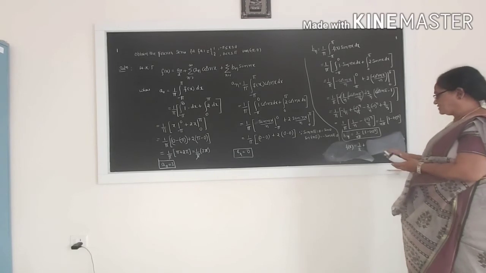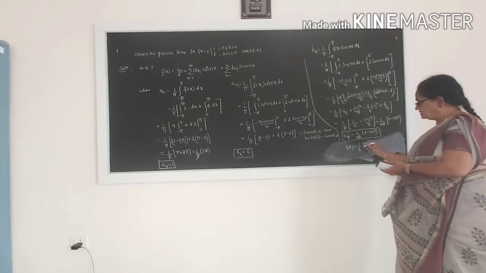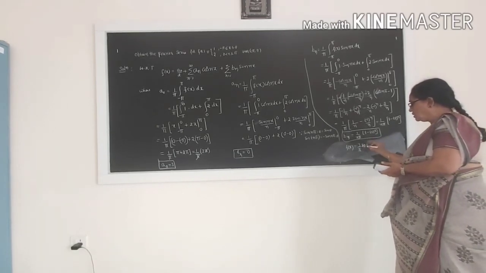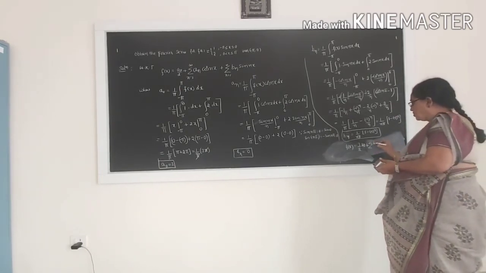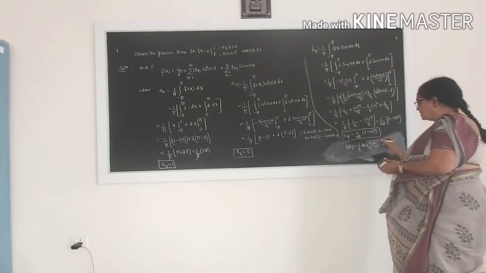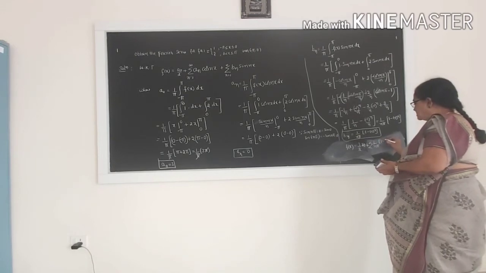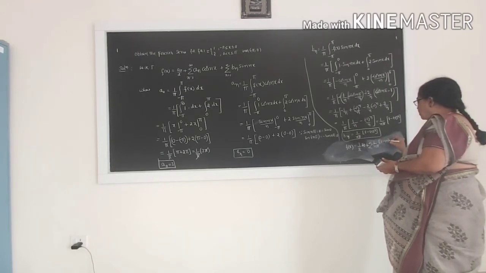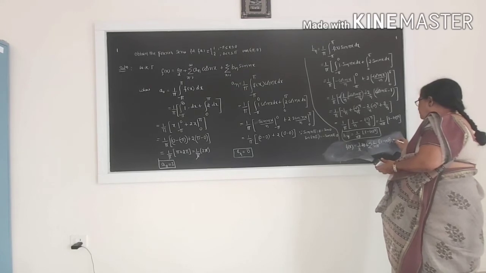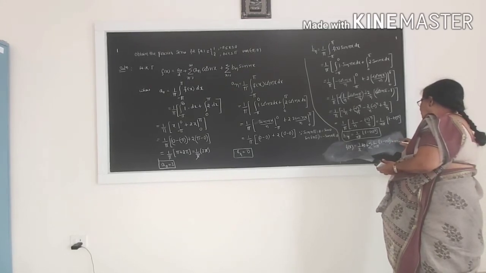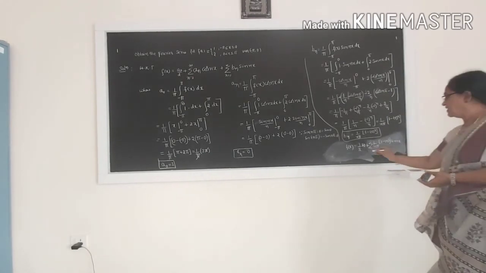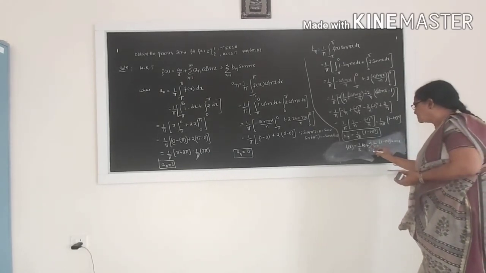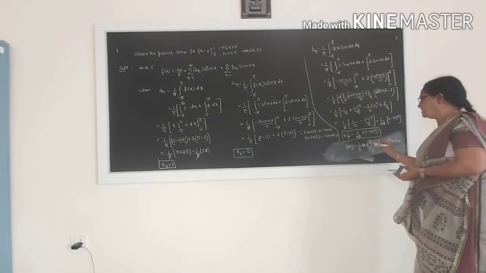Here there is no necessity of writing this 0, but if you want, you write this. This is equal to summation 1 over n pi into 1 minus of minus 1 whole power n into sin nx. Okay, this is the way the value of n ranges from 1 to infinity.